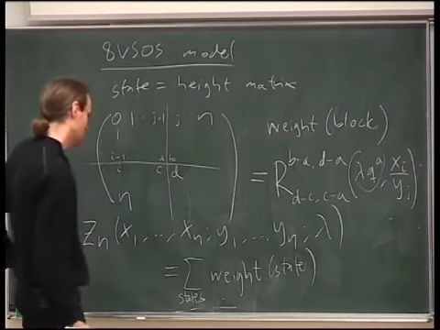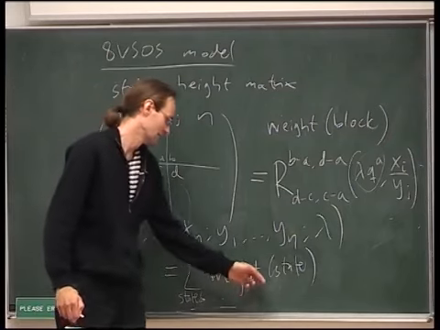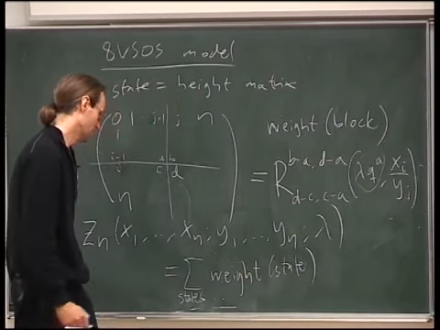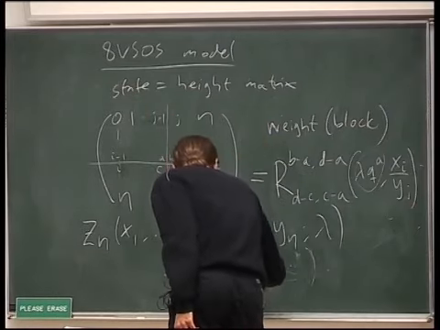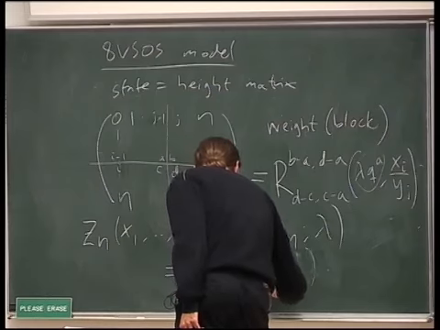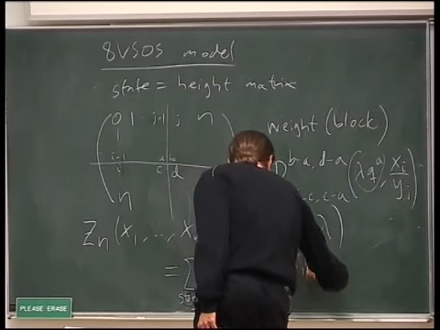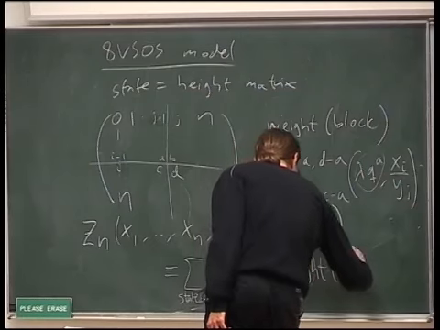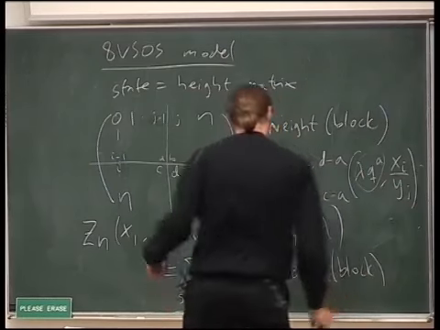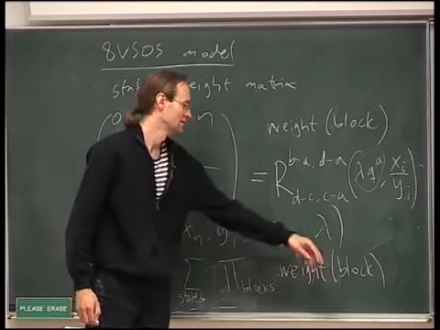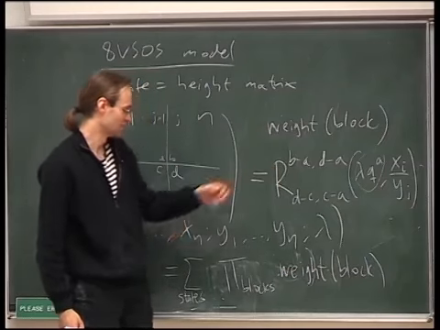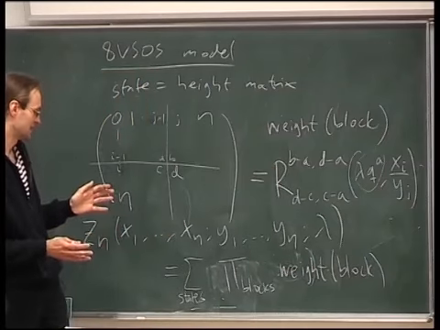So if you sum the weight, okay, so maybe I should write. For any state, you define the weight to be the product of the weight of all these blocks given by this rule, and then you sum over all states.